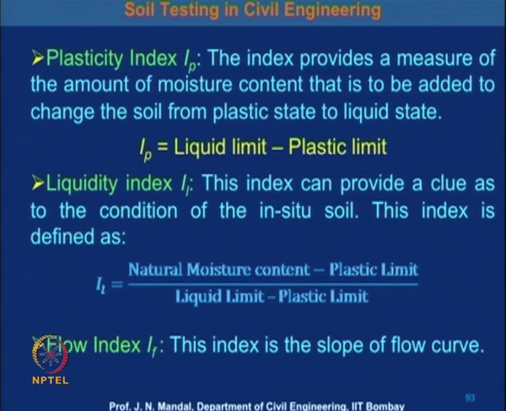This index can be defined as IL is equal to natural moisture content minus the plastic limit, divided by liquid limit minus plastic limit. And another term is called the flow index. The index is the slope of the flow curve. So, these terms are very important.